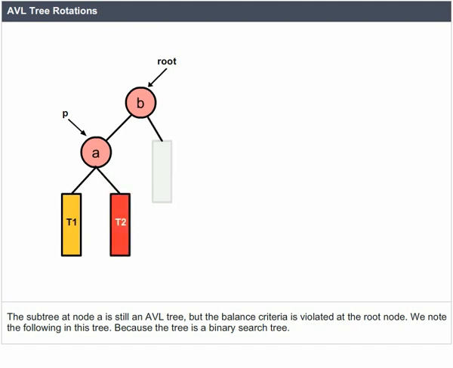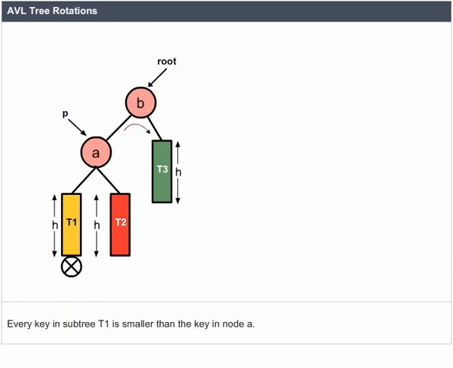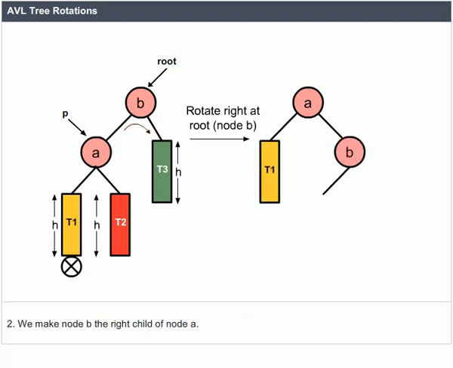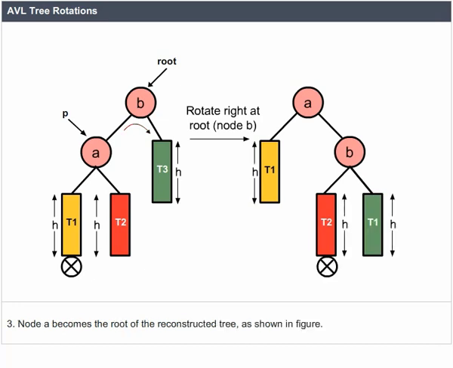Because the tree is a binary search tree, every key in subtree T1 is smaller than the key in node A. Every key in subtree T2 is larger than the key in node A. Every key in subtree T2 is smaller than the key in node B. Therefore, we make T2 the right subtree of node A, the left subtree of node B. We make node B the right child of node A. Node A becomes the root of the reconstructed tree as shown in the figure.